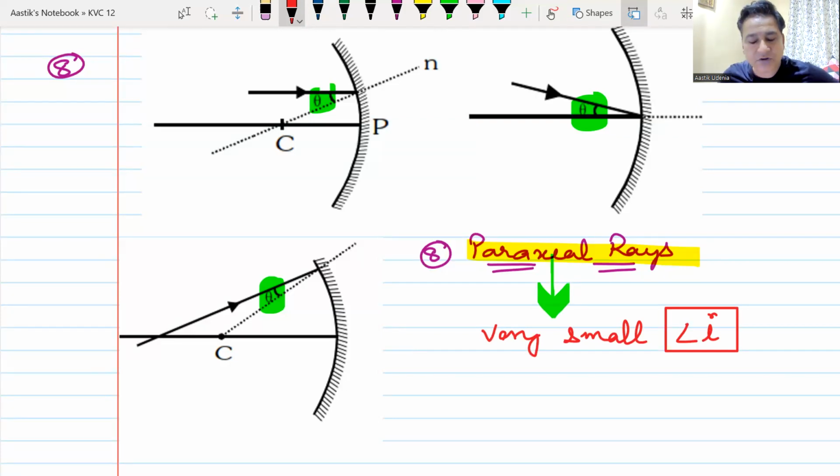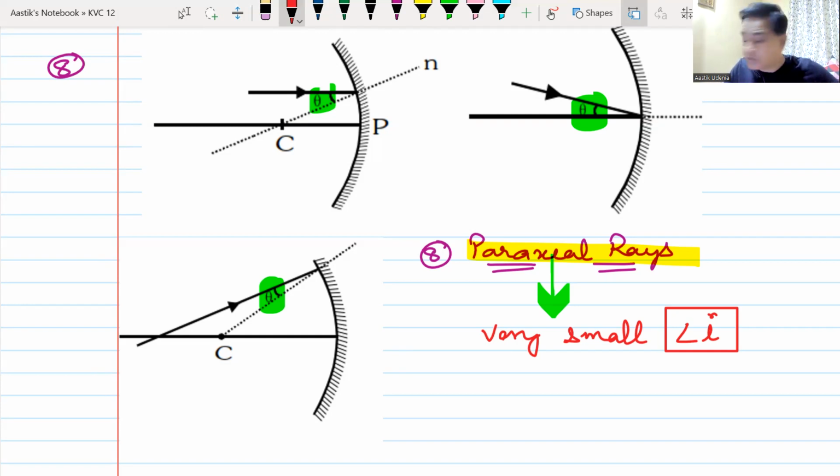Parallaxial rays are rays which have very small angle of incidence. Most of the questions that you are going to do, in JEE Main and NEET, they may not even say it's parallaxial rays, but in JEE Advanced, they might say rays are parallaxial because there is one more type of ray which is not parallaxial. I hope you have written this. Yes, sir. Then the next type of ray which is not parallaxial, what is it known as?